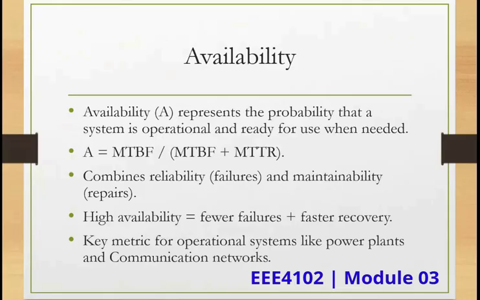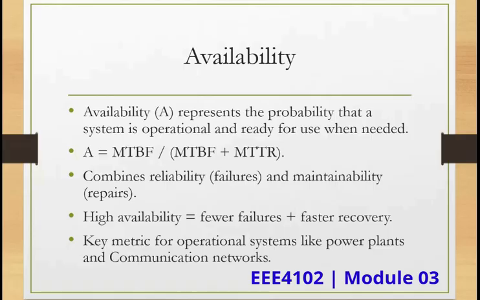It has the formula: availability is equal to mean time between failures divided by mean time between failures plus mean time to repair. It combines reliability, which is more on failures, and maintainability, which is more on repairs. A high availability requires both fewer failures and faster recovery times. As you can see from that formula, availability is an inverse of MTTR.